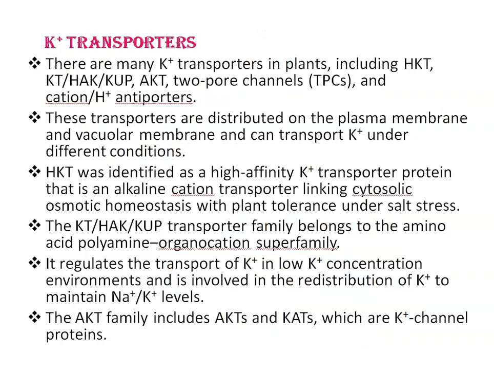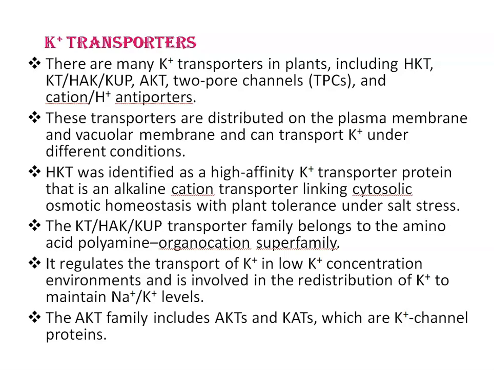Second type is potassium ion transporters. There are many potassium ion transporters in plants, including HKT, means high affinity potassium ion transporters, KT, HAK, KUP, then AKT, then 2-pore channels, TPCs, and cation proton antiporters.